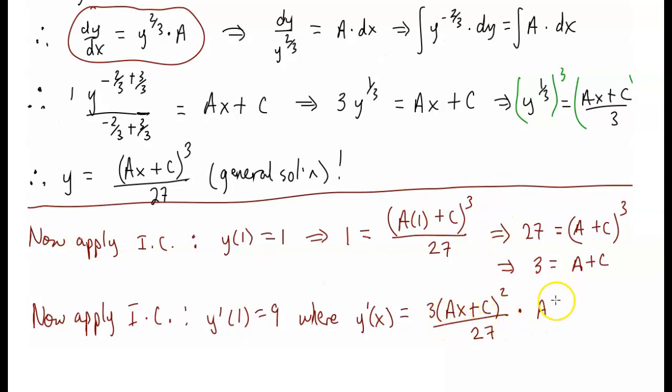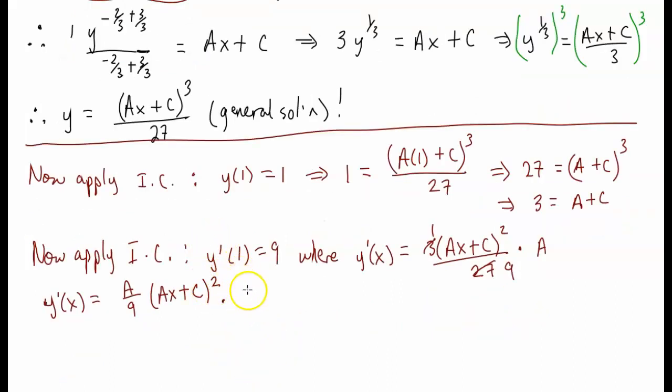So that's what this is, and of course this will simplify to just 1/9. So the derivative of y with respect to x is just going to be a divided by 9 times (ax + c) squared.